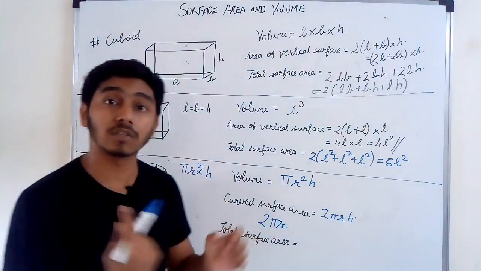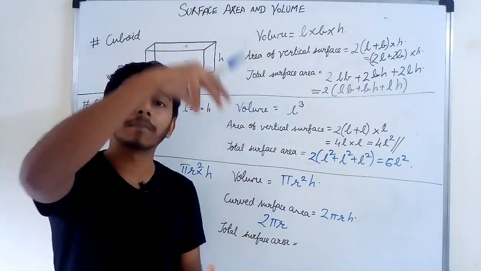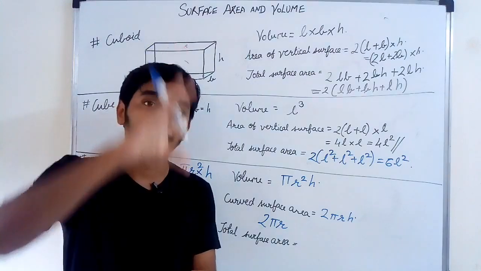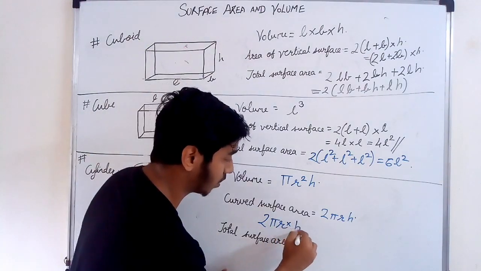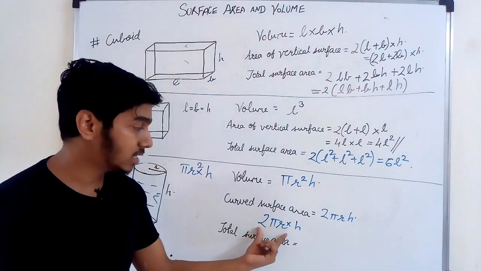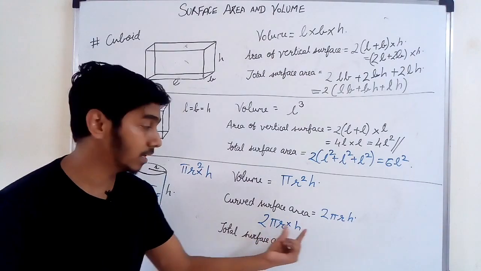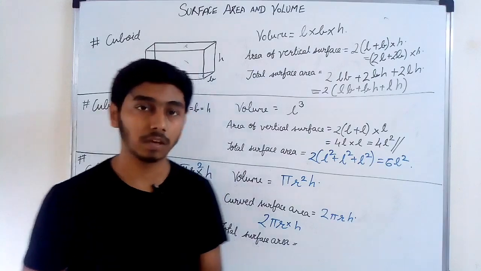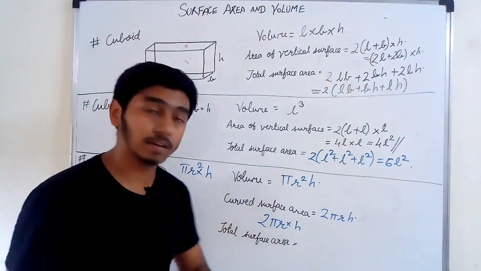Yes or no? But there are a lot of bangles one on top of the other, so each bangle's circumference is multiplied by the height. So that will give you 2 pi r h. I hope you have understood it.